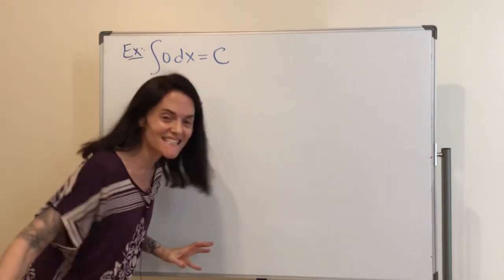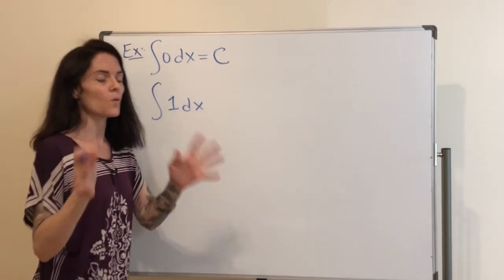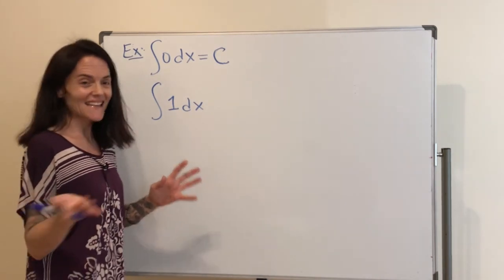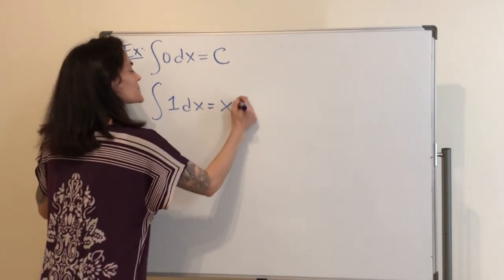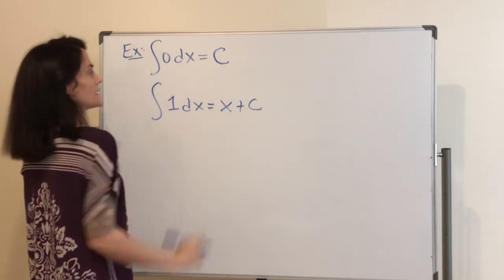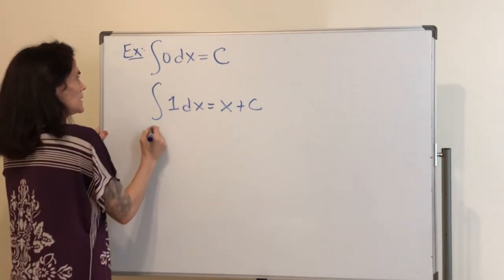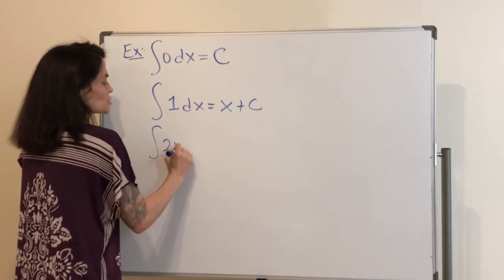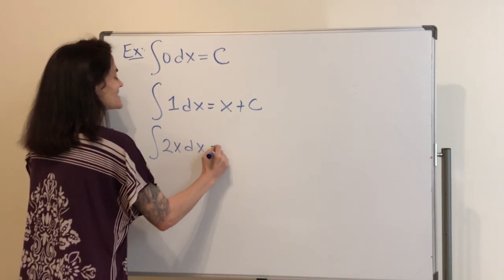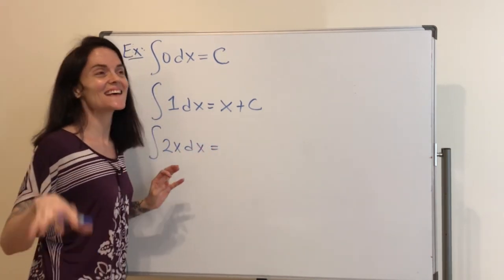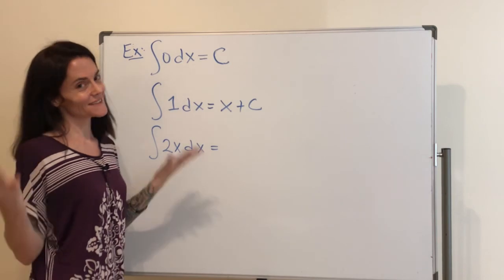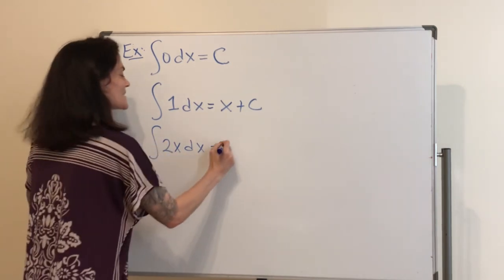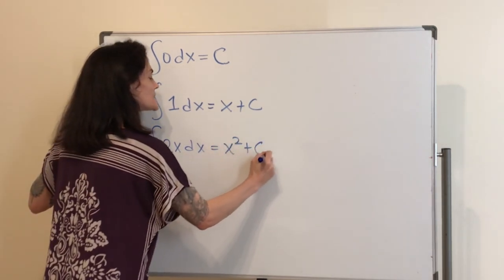What function has derivative 1? x. Okay, so it would be x, but then plus c to get all antiderivatives. Let's see, how about 2x dx? What function has derivative 2x? x squared. Okay, so this would be x squared plus c.